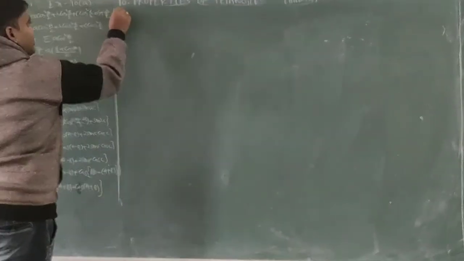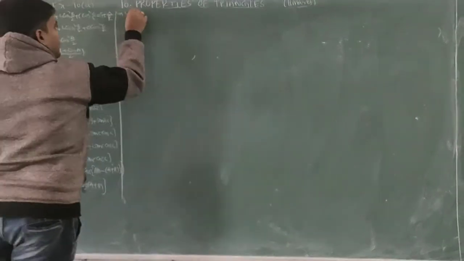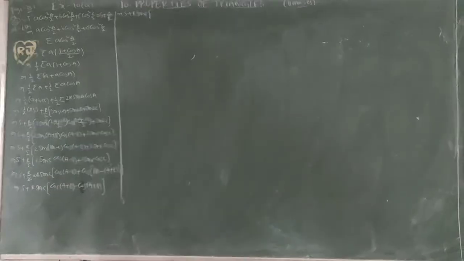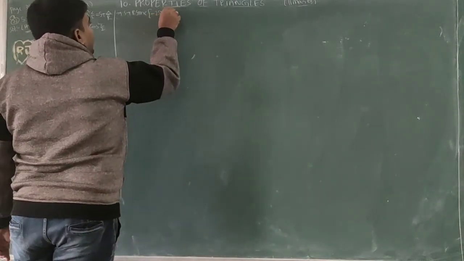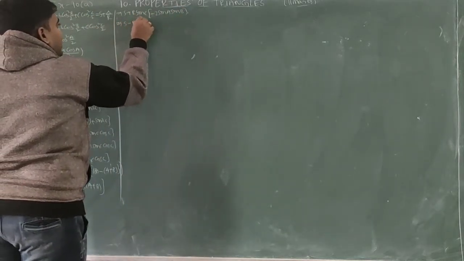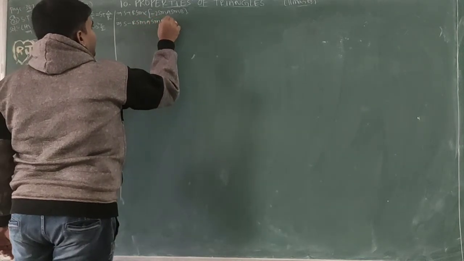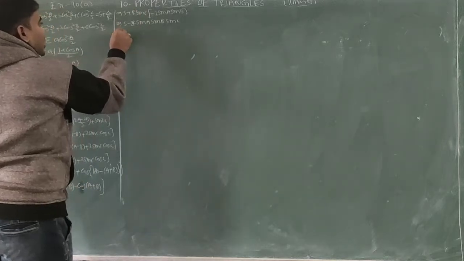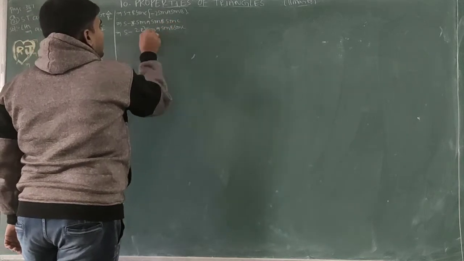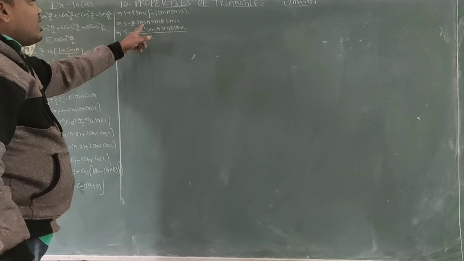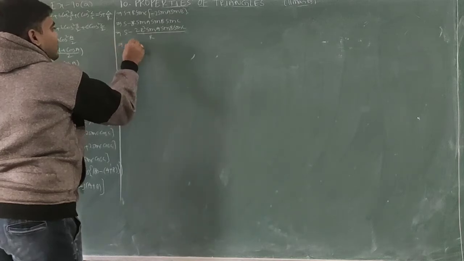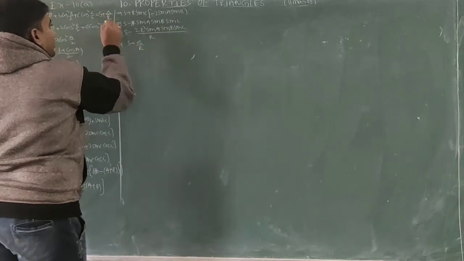Next, S plus R sin C times (cos difference minus cos sum), which is 2 sin A sin B. So S plus 2R sin A sin B sin C. I want to write this as S plus 2R² sin A sin B sin C divided by R, multiplying and dividing by R. This 2R² sin A sin B sin C is the formula for delta, so S plus delta by R.